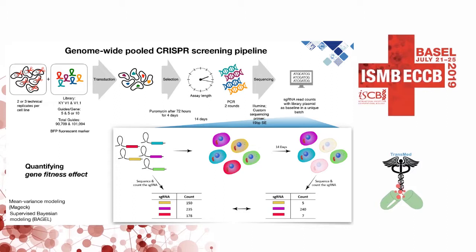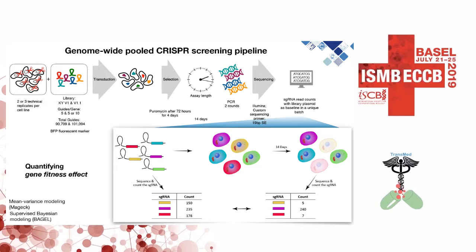Now, the idea is that if a single-guide RNA integrated into a cell and, once expressed, targeted a gene that was essential to that cell's survival, then that cell wasn't able to pass that guide to the daughter cell. So you should see a lower representation of that single-guide RNA in the final population.